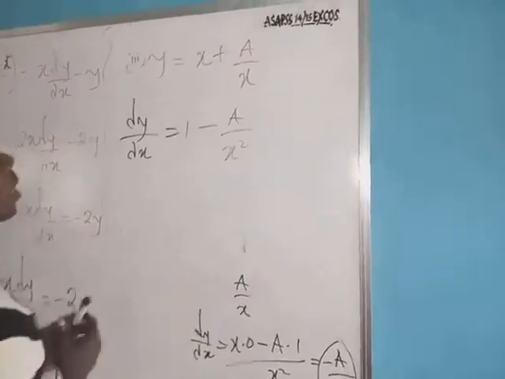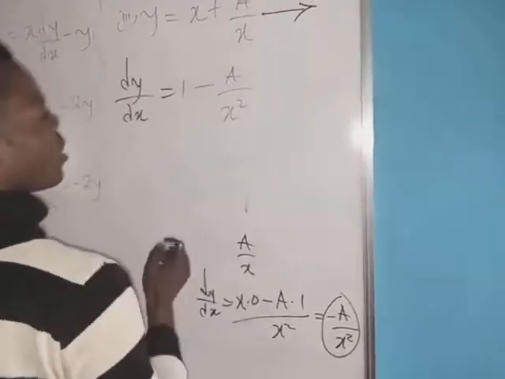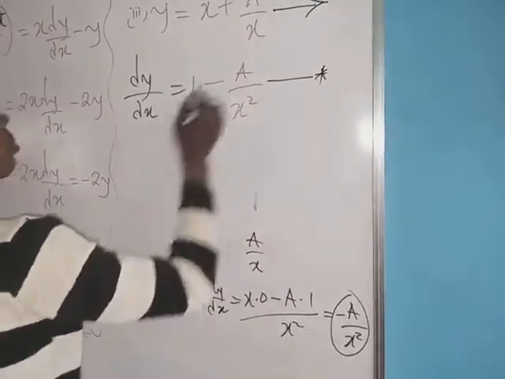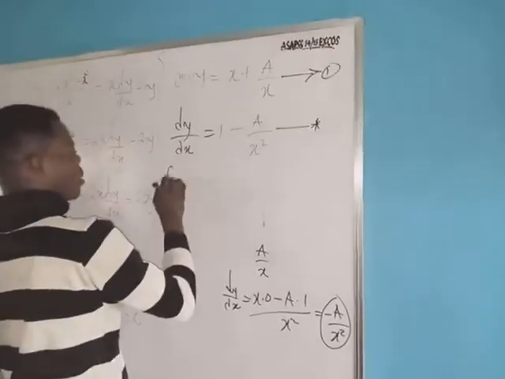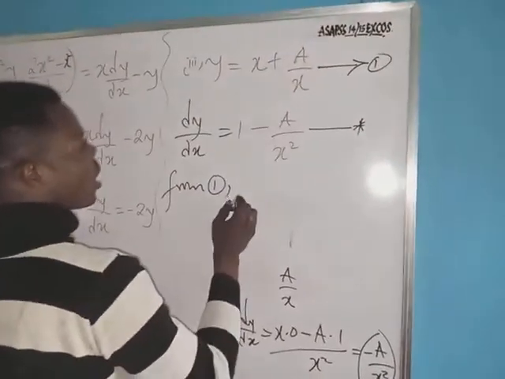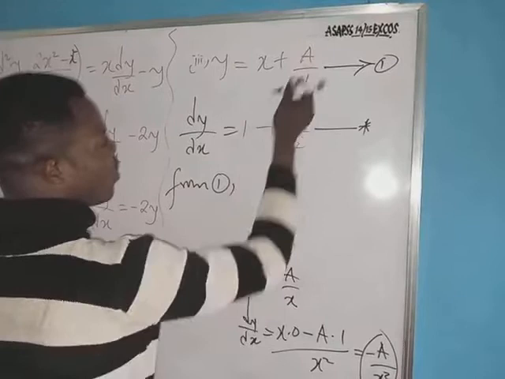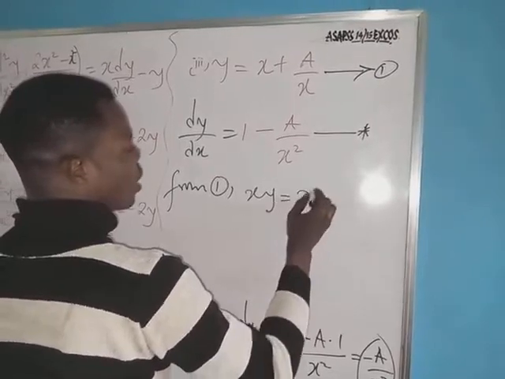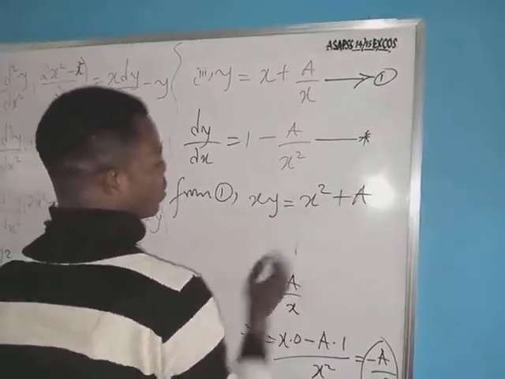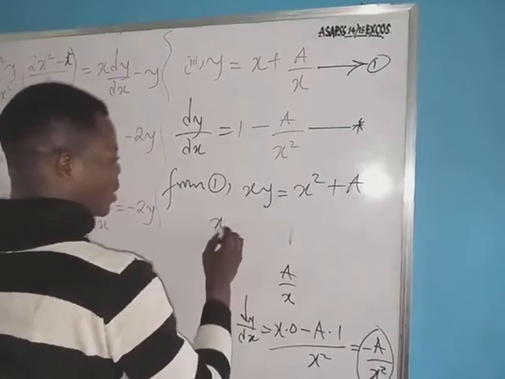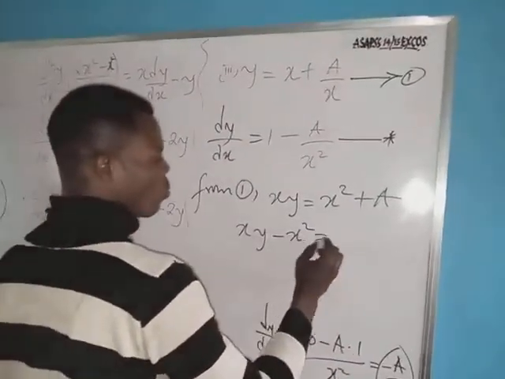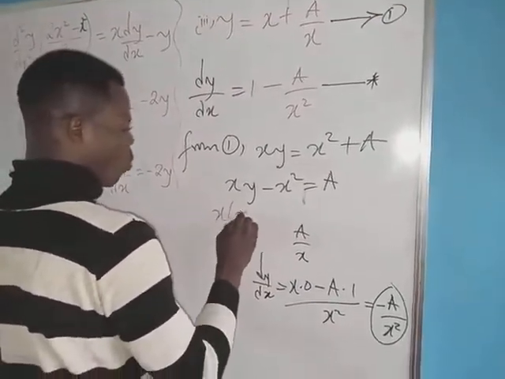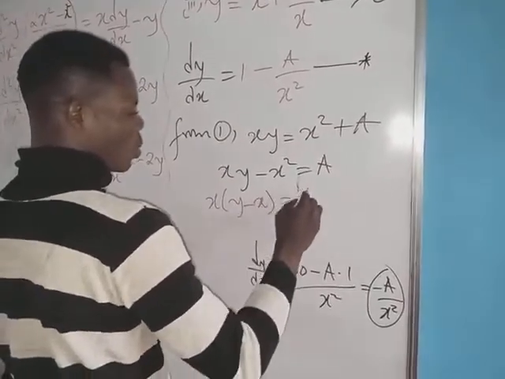Now let's find the value of a. We can easily find the value of a here and substitute to this. So let's call this equation asterisk, and let's call this 1. From equation 1, if you make a the subject of formula, we are going to have xy equal to x squared plus a, and when this comes here, we have xy minus x squared equal to a, and when you factorize, we have x into y minus x equal to a.